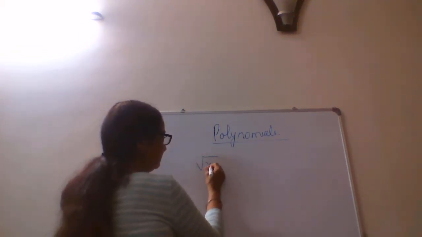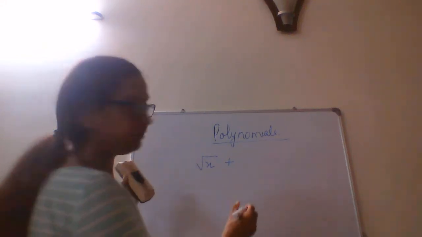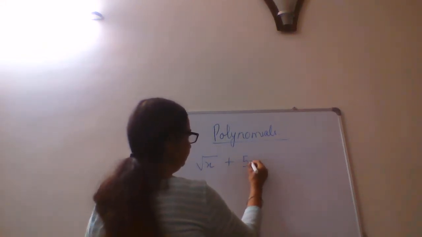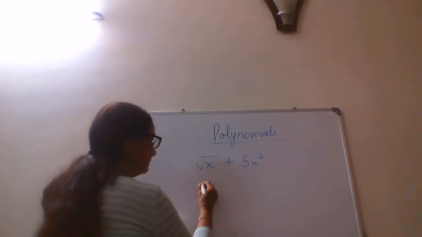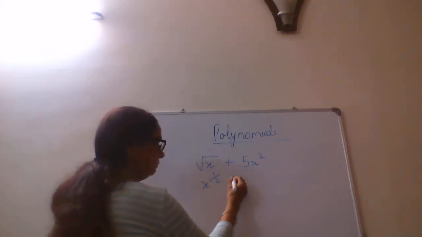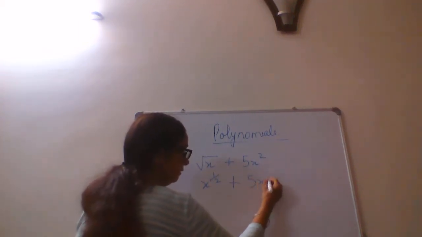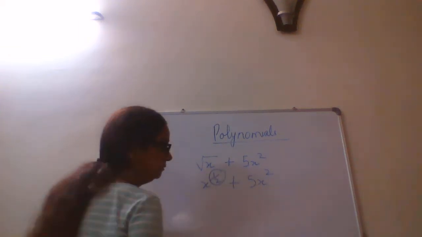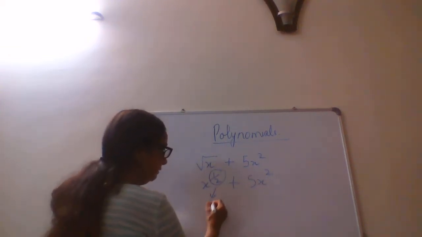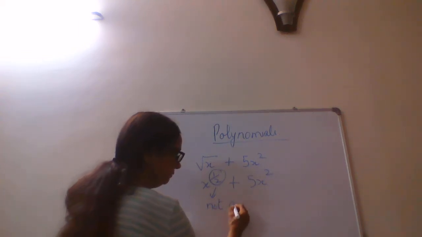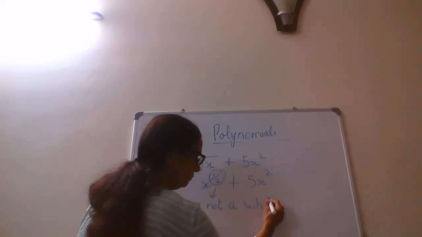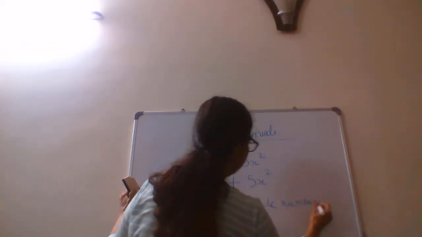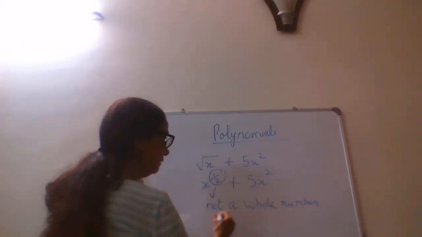Under root x plus 5x squared. So this can be written as x raised to the power 1 upon 2, right? Now, if you notice, the power of x here is 1 upon 2, which is not a whole number. Therefore, this expression will not be considered a polynomial.